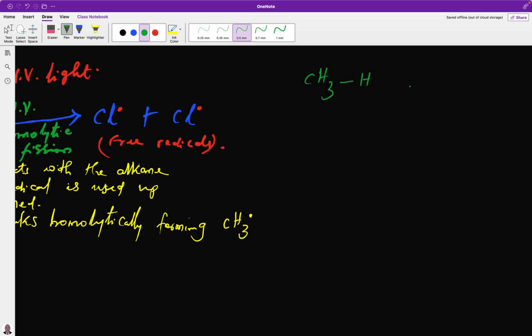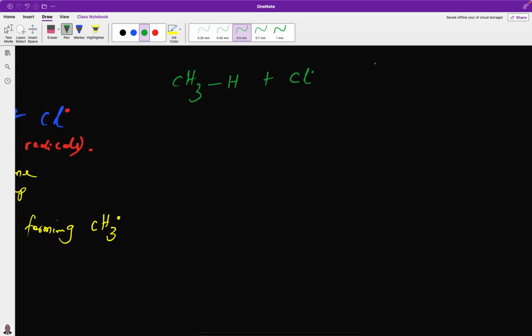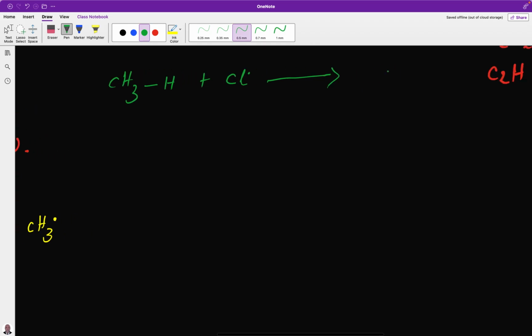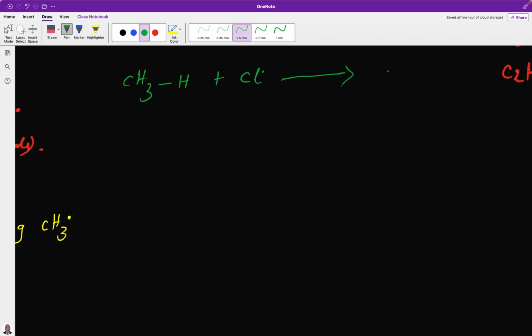This is the methane plus what? Plus the free radical. What forms? As I said, this is the radical that is formed, plus what? Plus the HCl.